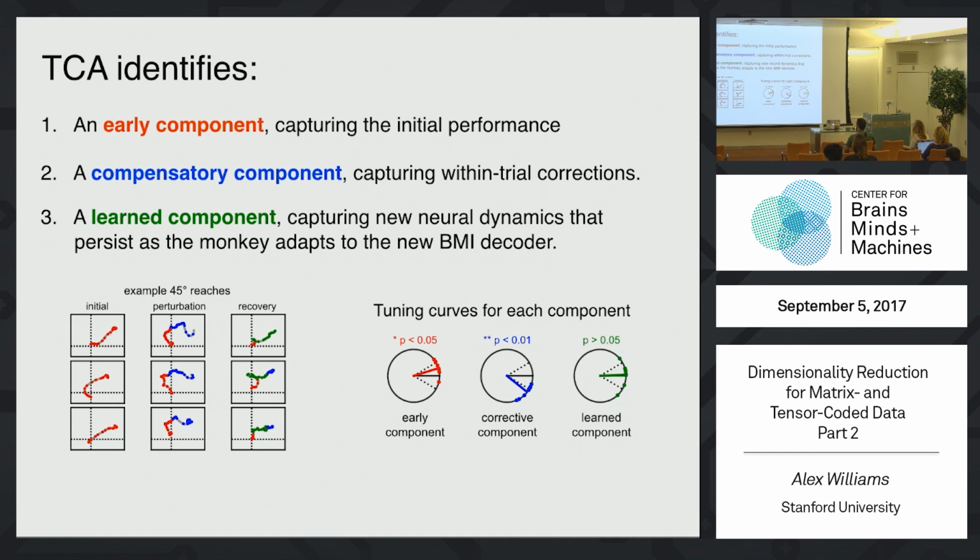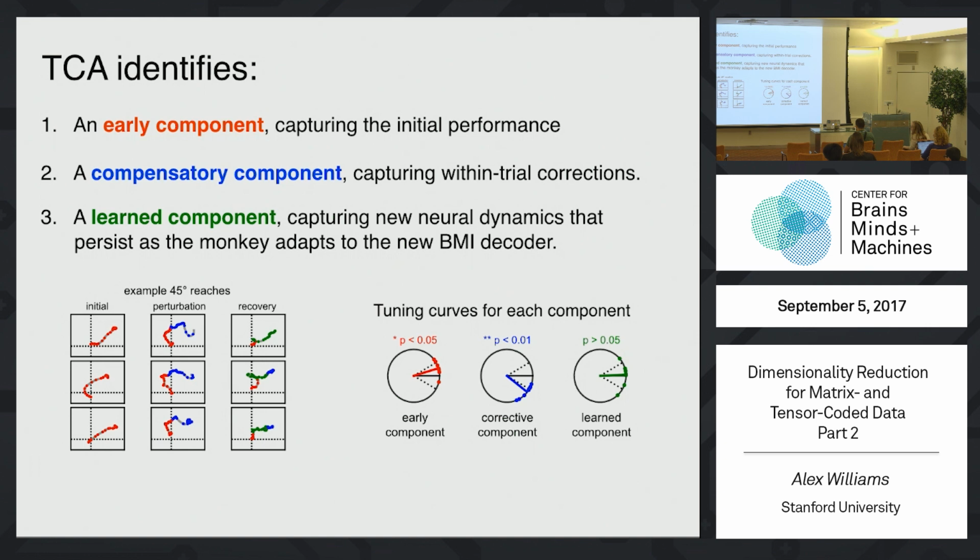And instead, he makes a cursor movement upwards, and then he makes a corrective movement, a late-term corrective movement within the trial. And within that, this second TCA component is explaining the most variance in the data. And then finally, by the end of the session, you see the appearance of this learned component, or the green component, and that sort of helps the monkey make more direct reaches.